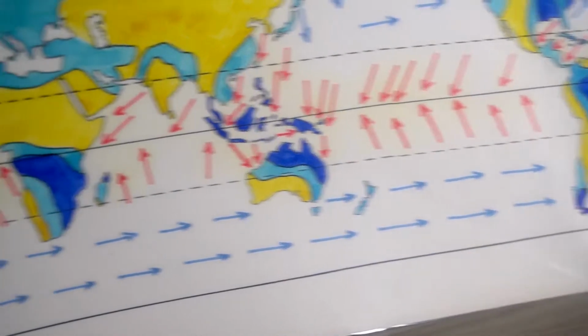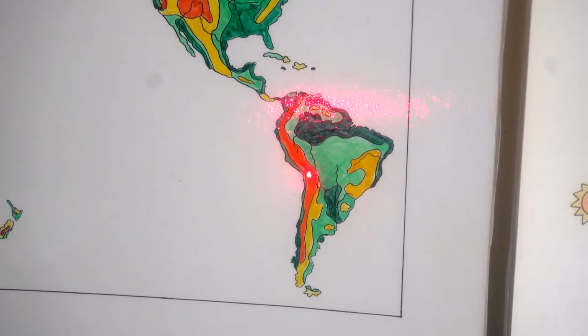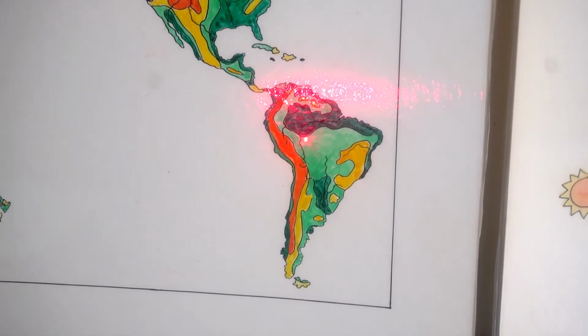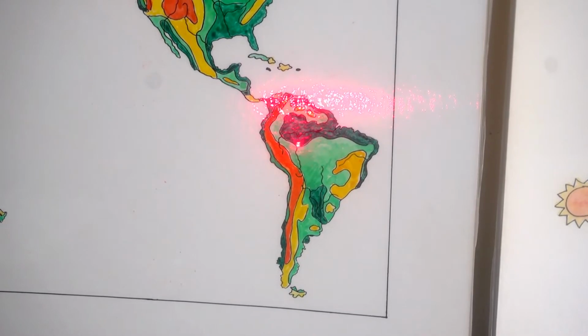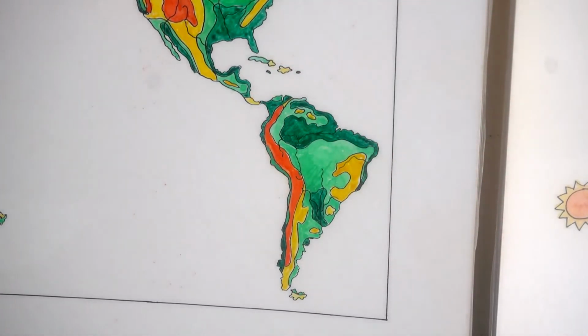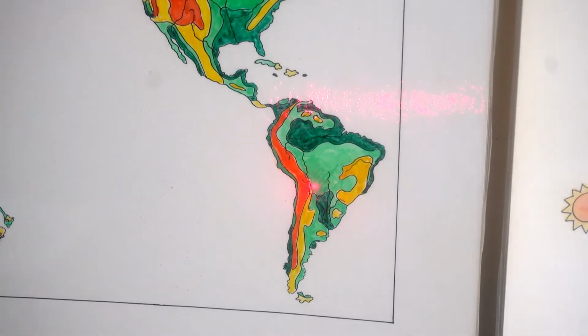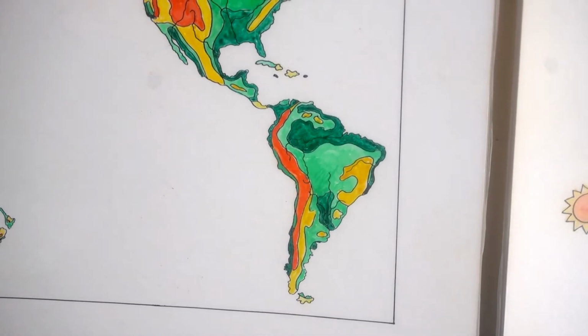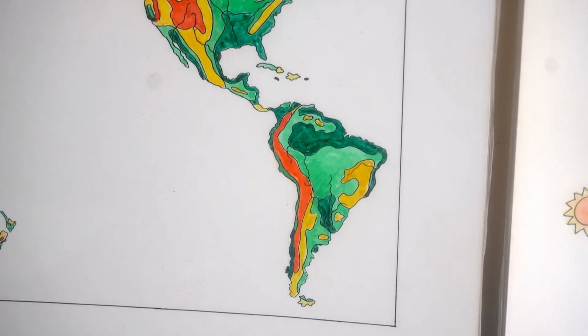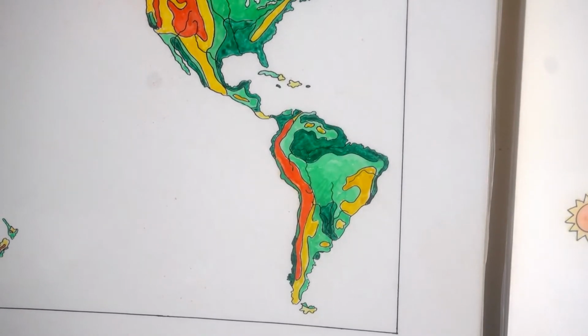But here, so this river, we can see here from this highland to this medium lowland to this lowland, all the way to this ocean. So it's not likely that this river we see here is connected to rainfall, because as we said, the rainfall here at this time of the year in January is minimal.